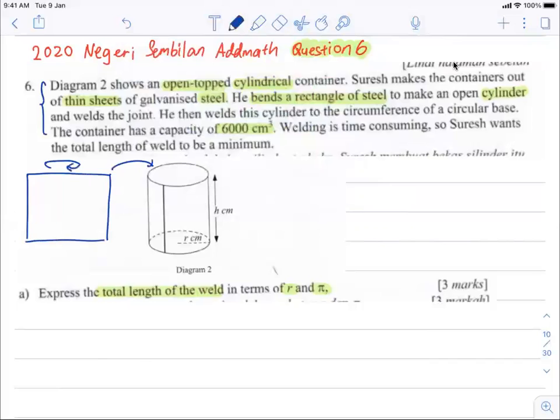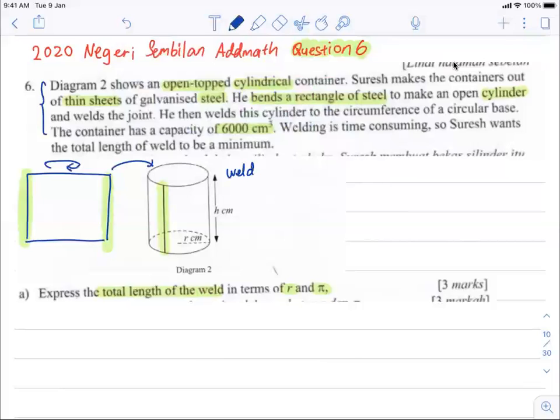And when you roll the paper up, there's this part joining the two sides of the paper, so we need to glue it together. This is essentially what is meant by welding.